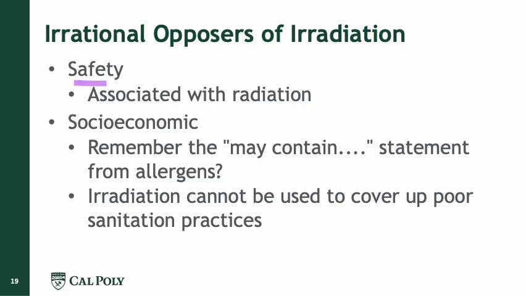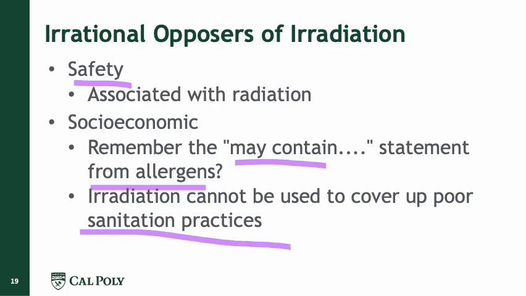There are concerns about safety and how it affects foods, but it's mainly because of the processing facilities that are required, and the safety, because we're using gamma rays, and also the socioeconomic part. The important thing is that irradiation cannot be used to cover poor sanitation practices, which would be very bad.